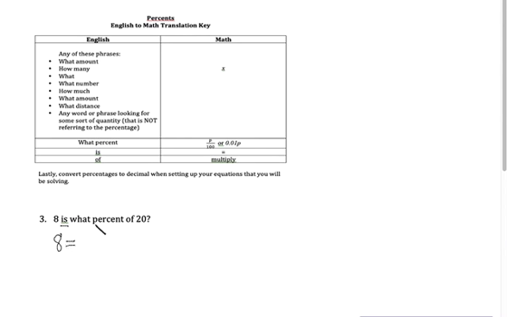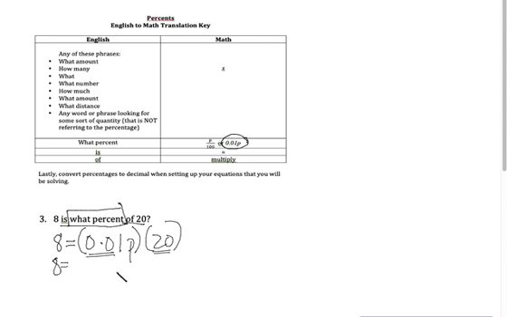Is, that's going to be equal. What percent is going to translate into 0.01p. Then it says of 20, that means I'm multiplying these. So the first thing I'm going to do is multiply 0.01 times 20, and I'm going to get 0.2p. Now I'm going to isolate the p by dividing each side by 0.2. That becomes 1, so p is going to equal 8 divided by 0.2.